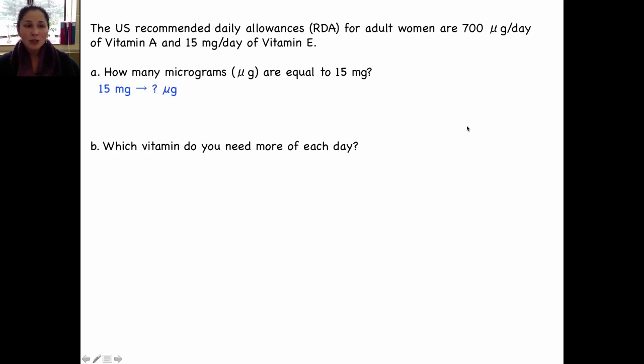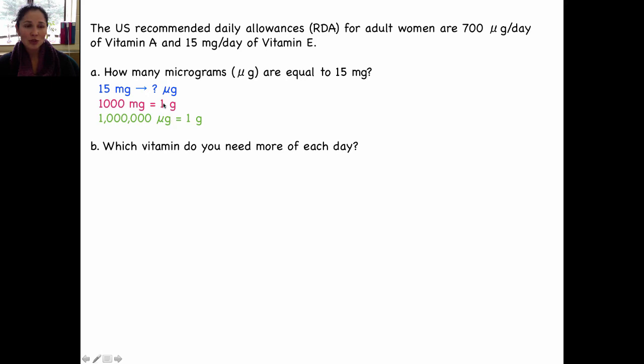So we're going to convert 15 milligrams into micrograms. If you look earlier in the activity, we don't have a direct conversion between milligrams and micrograms, but we do have a conversion between milligrams and grams, and we also have a conversion between grams and micrograms based on the charts that we filled out on the very front page of the activity.